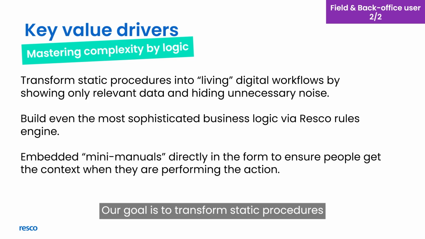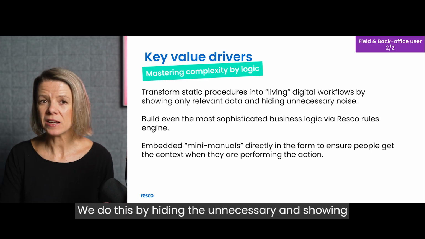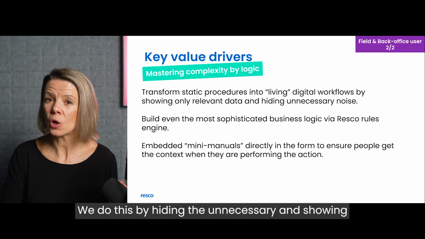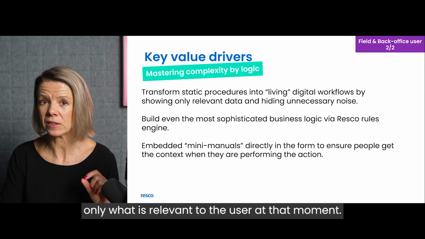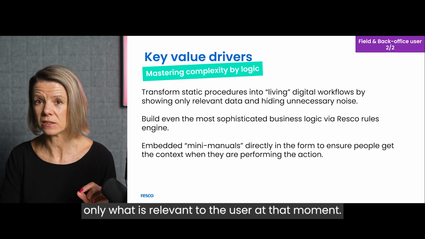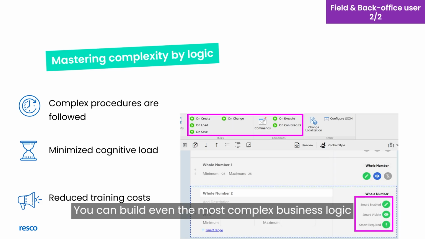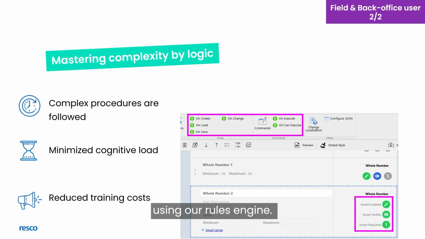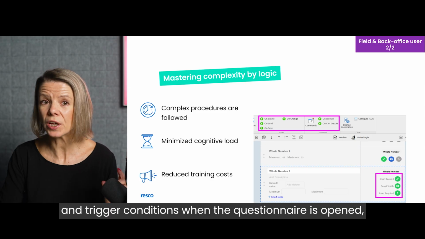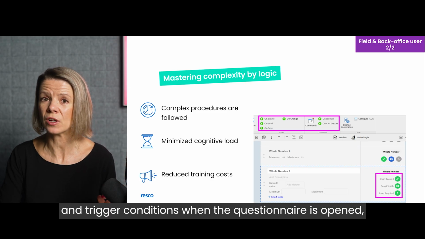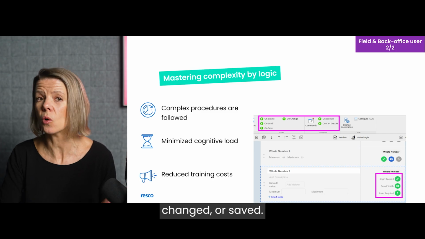Our goal is to transform static procedures into living digital workflows. We do this by hiding the unnecessary and showing only what is relevant for the user at that moment. You can build even the most complex business logic using our rules engine. You can show or hide questions, mark them as required or optional, and trigger conditions when the questionnaire is opened, changed, or saved.